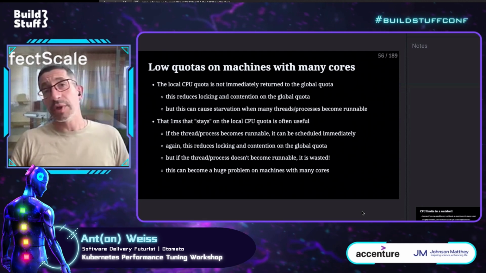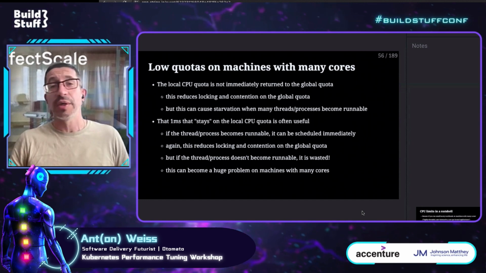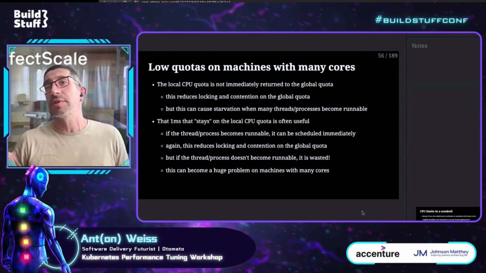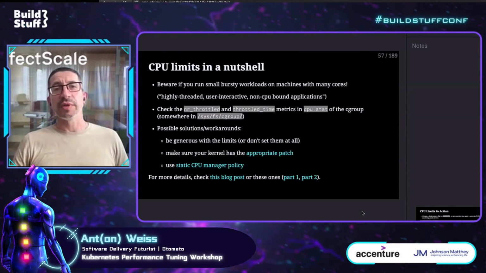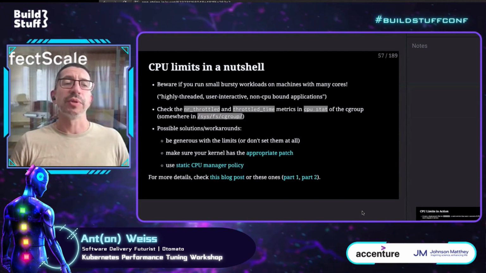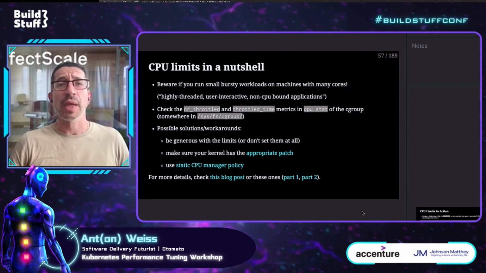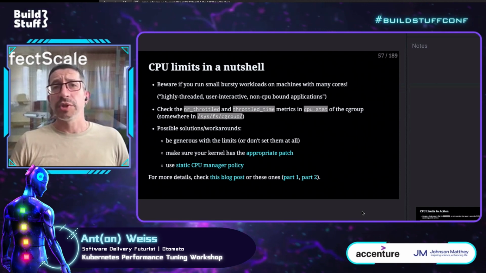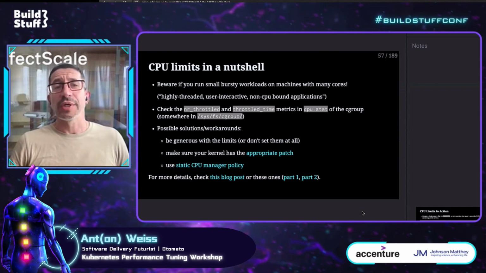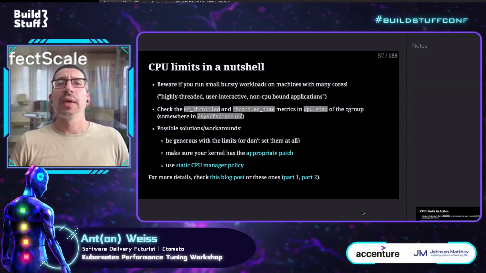Again, this quota stays on the local CPU because it can be useful, because if the thread wakes up again, it may need to use it, but if it's not used, then it's just wasted. So the CPU waste becomes even worse on machines with multiple cores. Basically, that means that if you run small and bursty workloads on machines with multiple cores, this may lead to a lot of CPU waste.